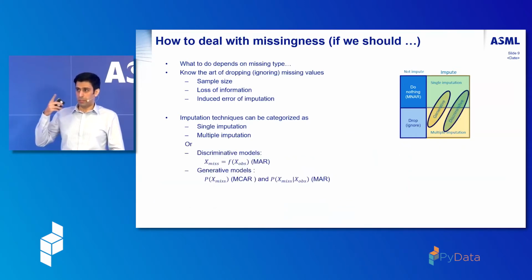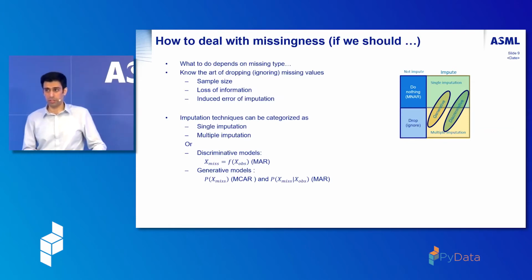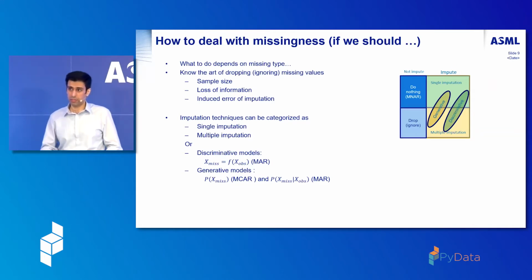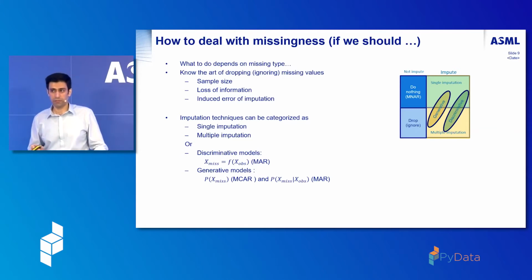The other way to categorize the methodologies for imputation is by the model that you use. It can be either discriminative models or generative models. In the discriminative models, you already assume that there is a correlation between the variables with missing values and the observed variables, and that's why you want to find this correlation by estimating a function.